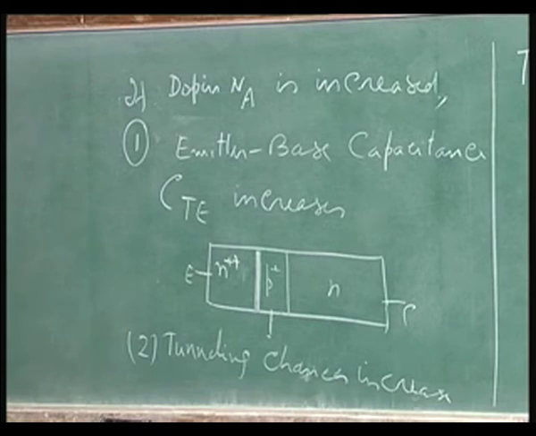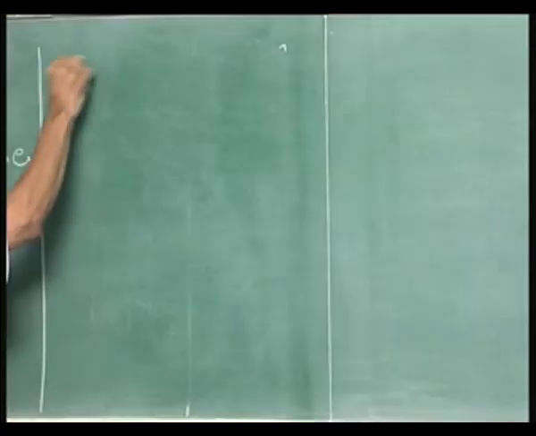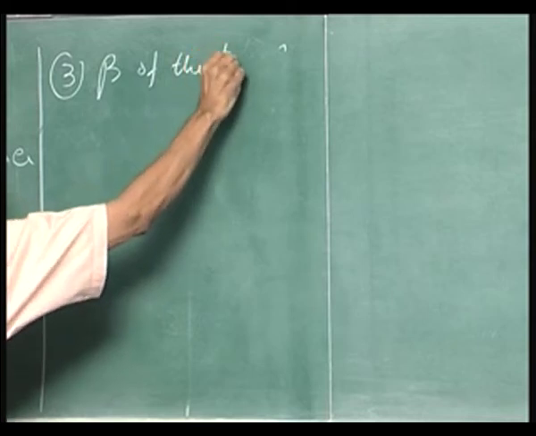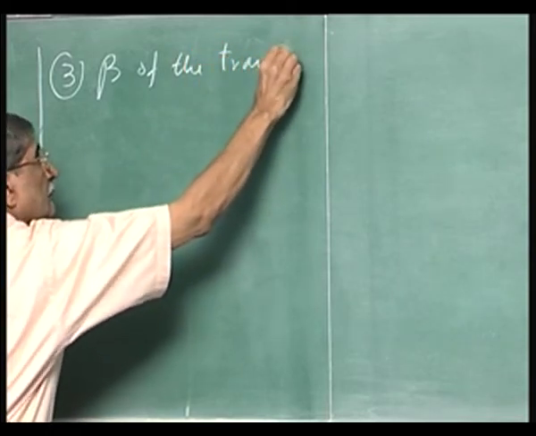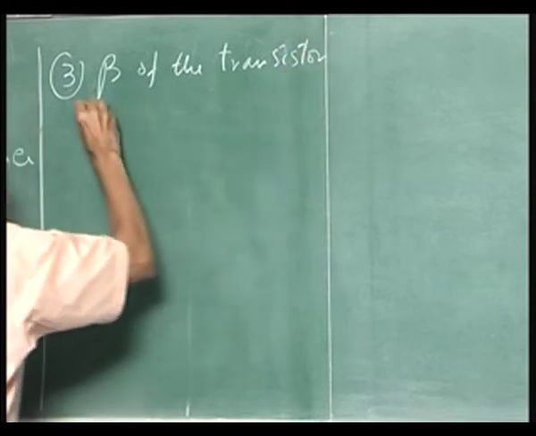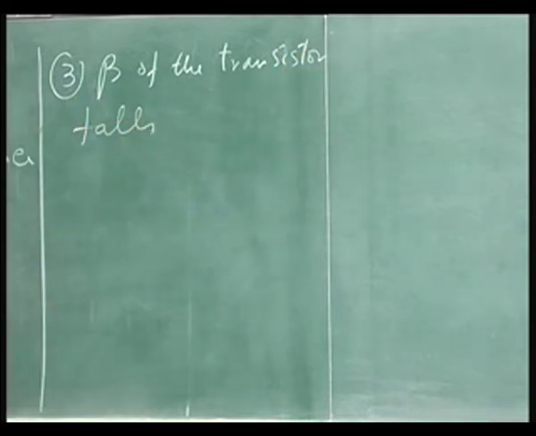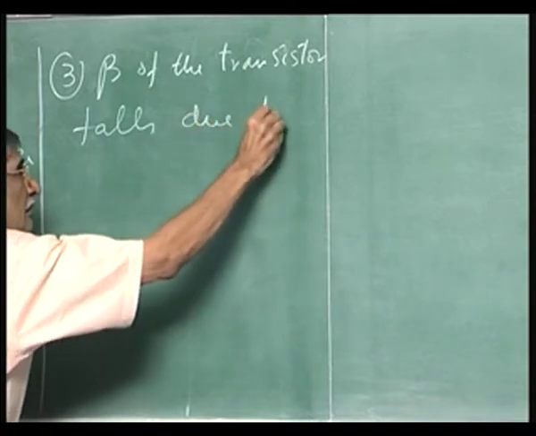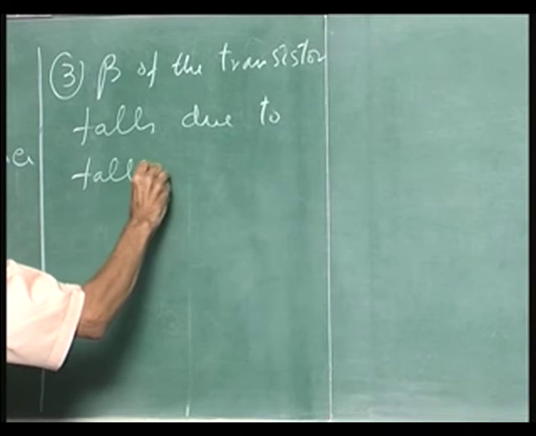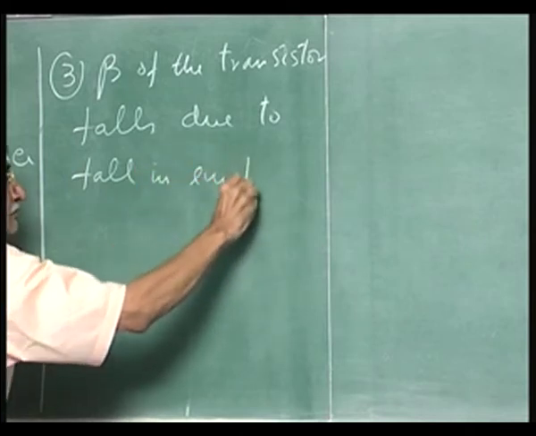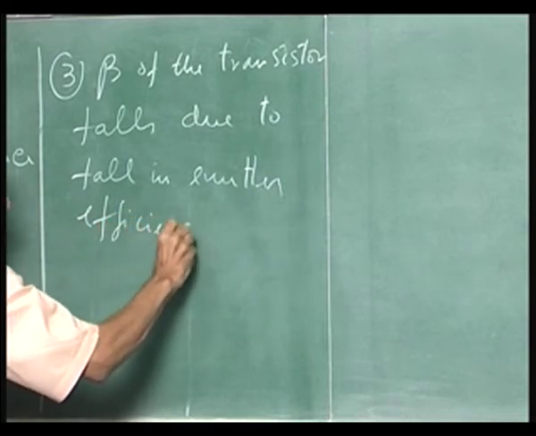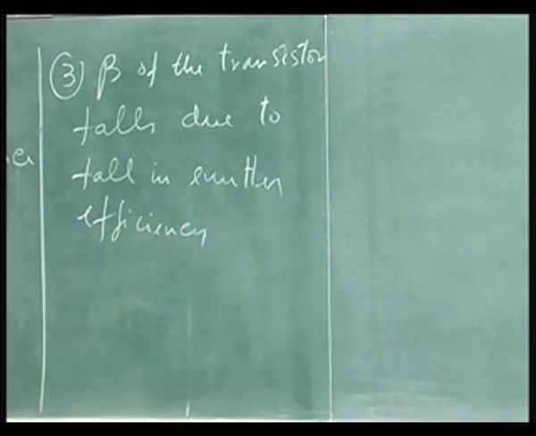Now, the third one is the beta of the transistor, due to fall in emitter efficiency.